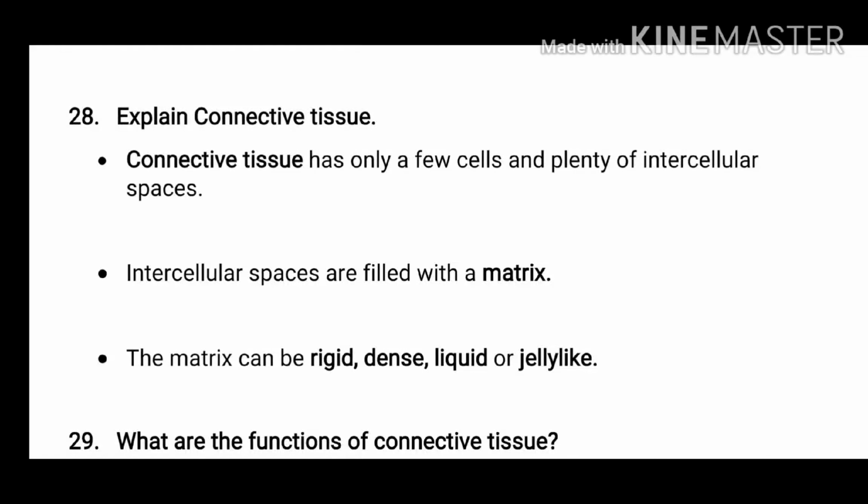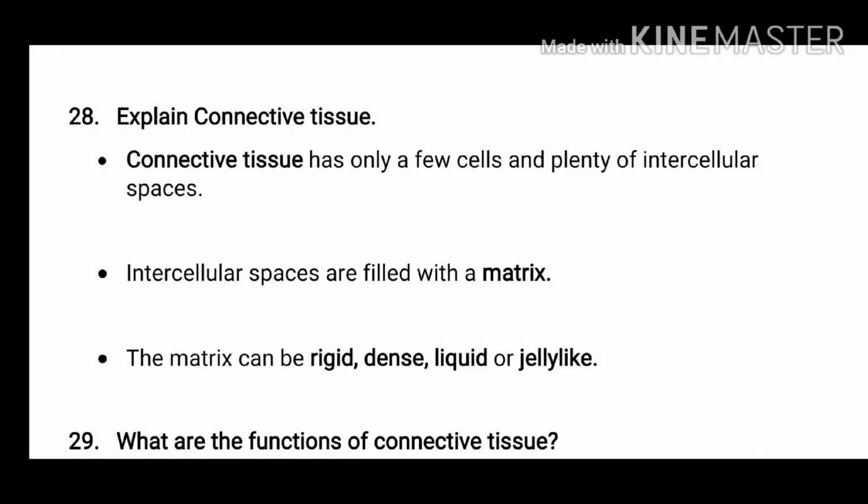30th question, name the 3 types of connective tissue. Number 1, connective tissue proper. Number 2, skeletal tissue. Number 3, vascular tissue. Next question, what are the functions of connective tissue proper? It surrounds the organs of the body and supports them.